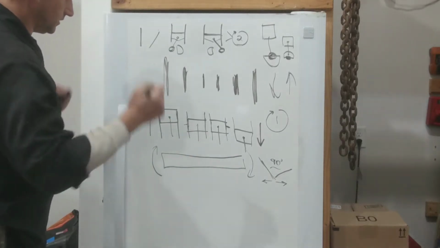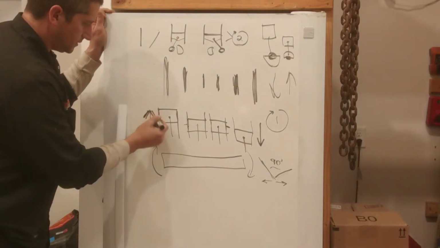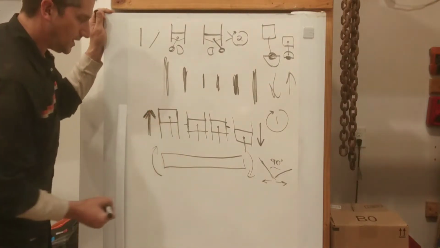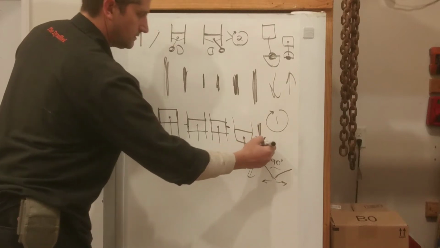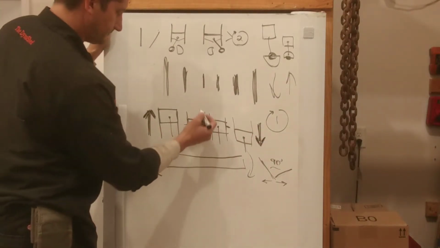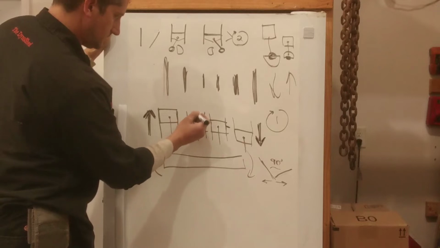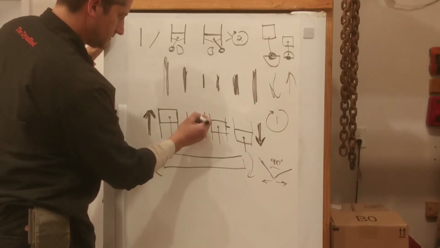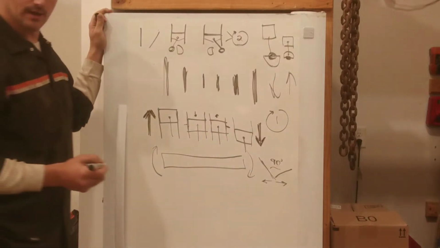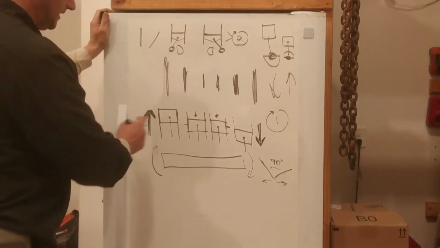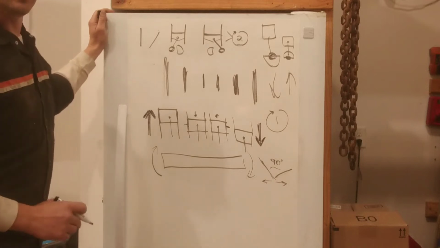Okay. So we know we have a good force pushing up here and a good force pushing down here. And here you have a little force and a little force there. You still have these big forces to deal with.